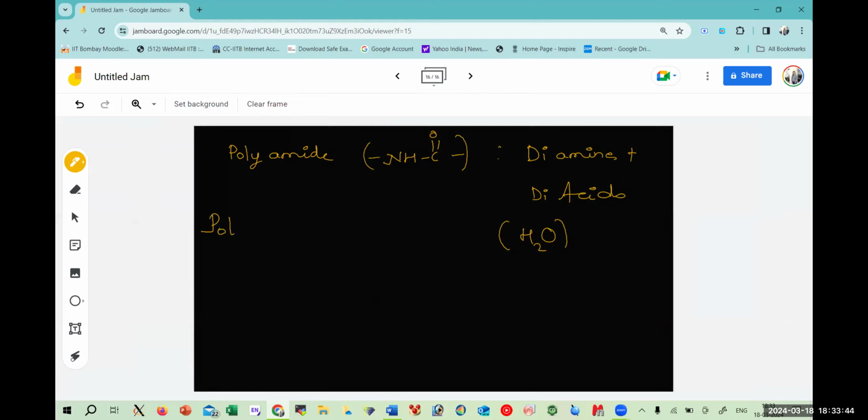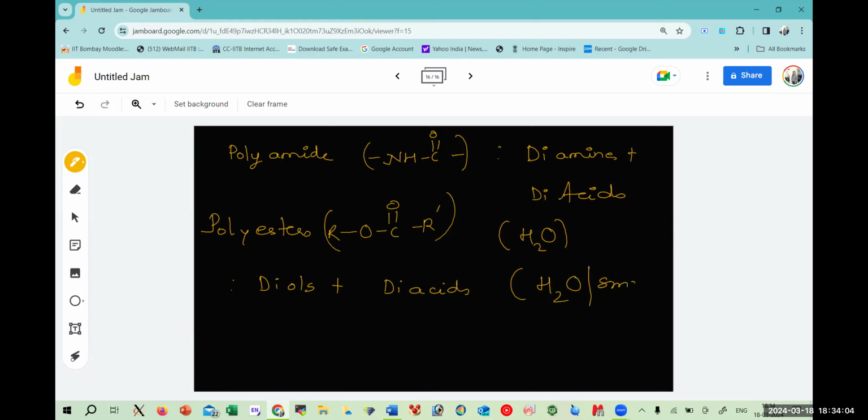If you want polyesters, which is OC double bond O R dash, here we need diols plus diacid. Here also water is the small molecule which is going to come out.